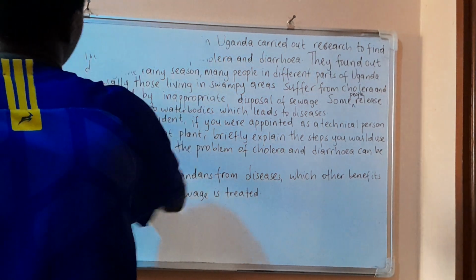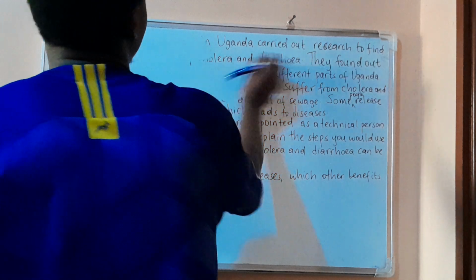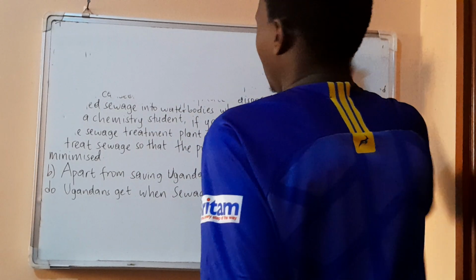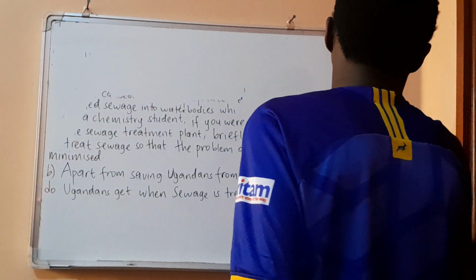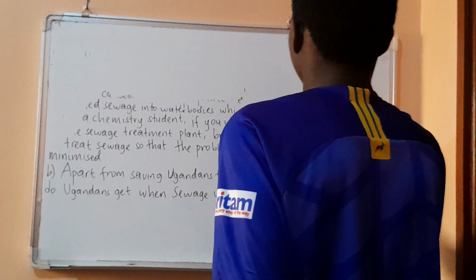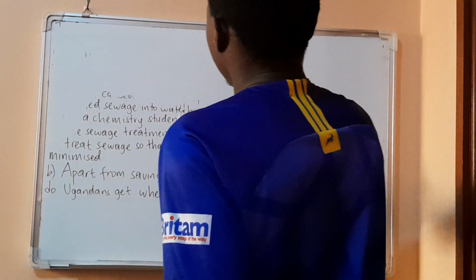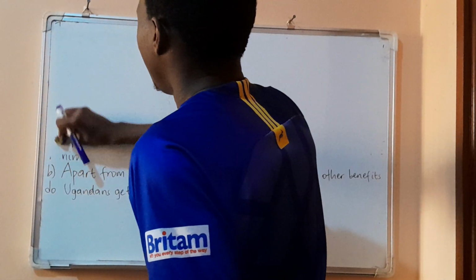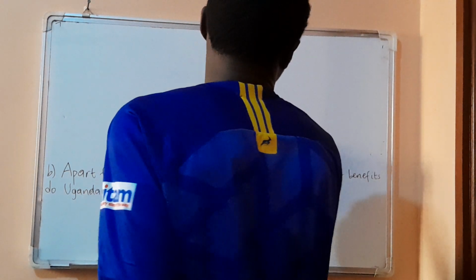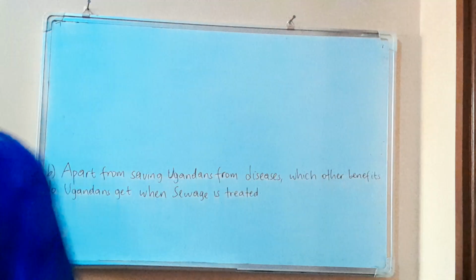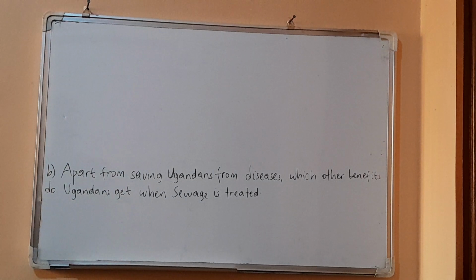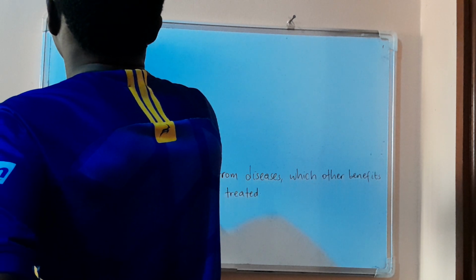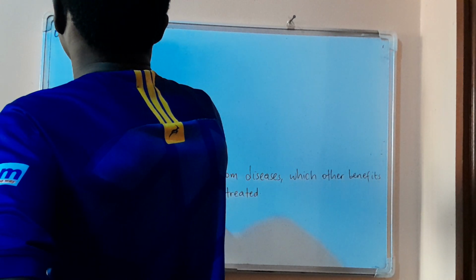So we are going to explain the process of sewage treatment briefly. Then we shall proceed to the other part. So the process of sewage treatment fundamentally involves 3 stages. This is part A. We have screening.